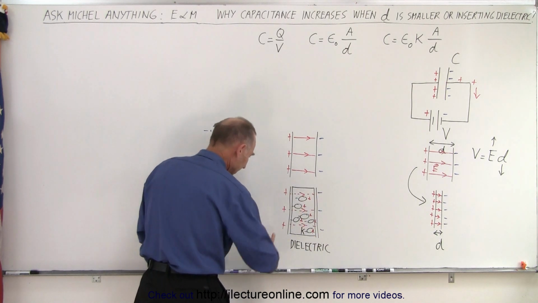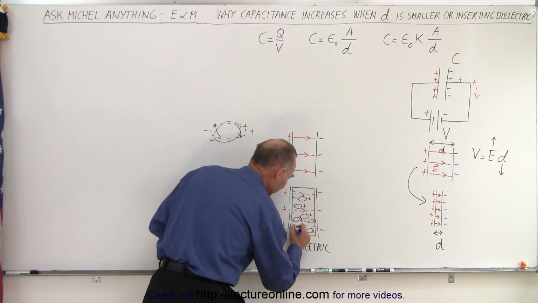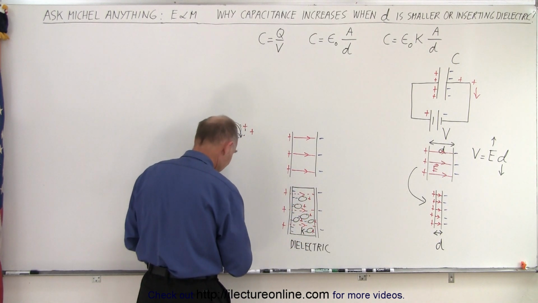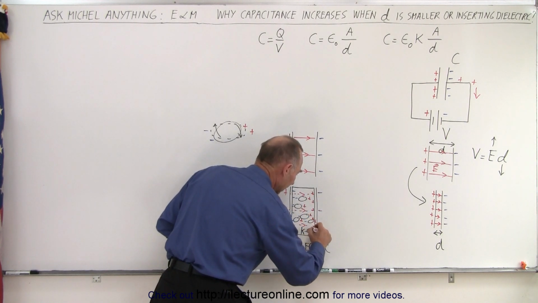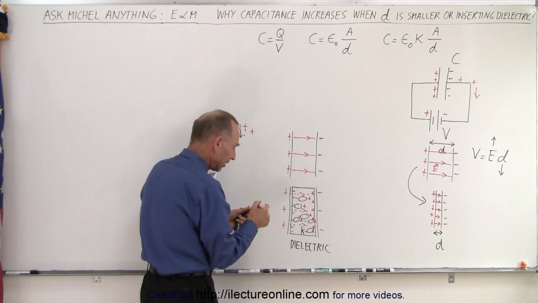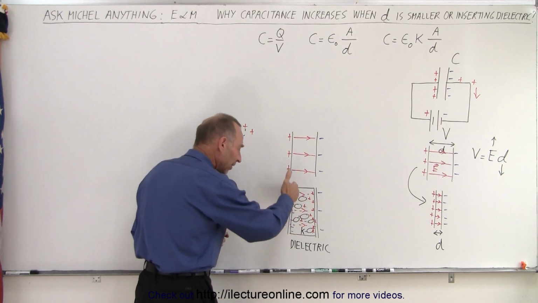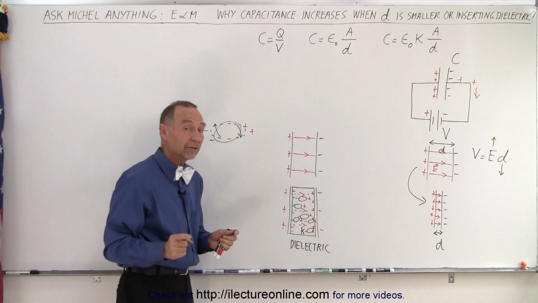And what happens is that for the whole dielectric here, essentially you have the dielectric on this side being more negative on average, and the dielectric on the other side being a little bit more positive on average. So by realigning the molecules inside the dielectric, you tend to have the left side of the dielectric a little bit more negative and the right side of the dielectric a little bit more positive.